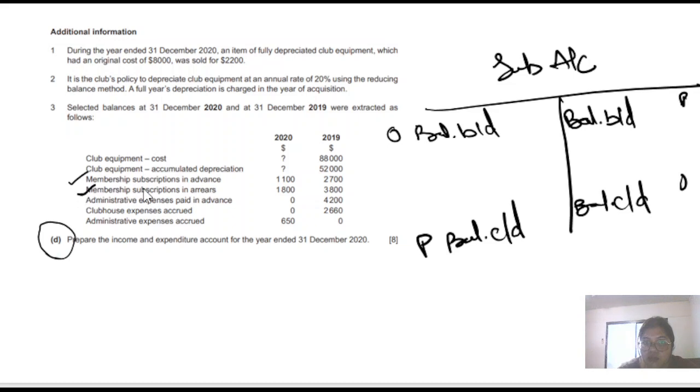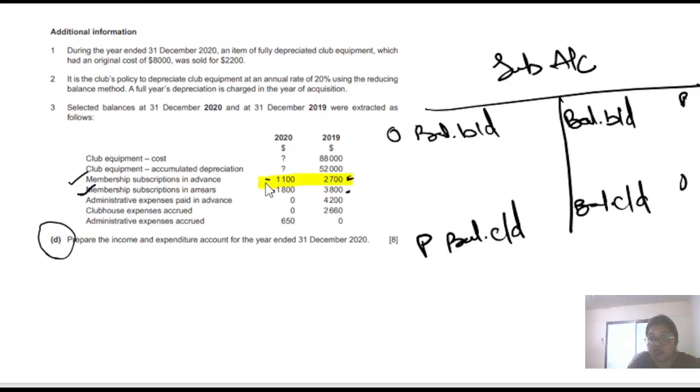So you can use these words. Here you have a balance of membership subscription in advance. 2019 is your opening, and this is your closing balance given to you. So I'm directly going to put these four values into your subscription account.